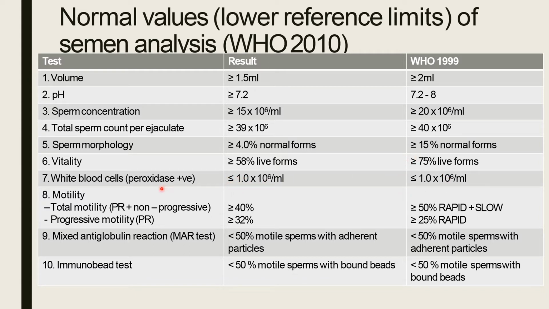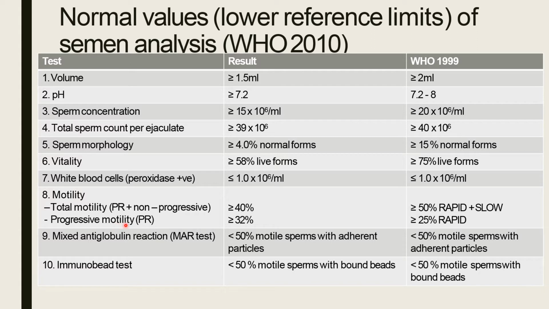Previously it was the same. For total motility, it is now equal to or greater than 40%, including rapid progressive and non-progressive motile sperms. Previously it was greater than or equal to 50%, including rapid and slow moving sperms.